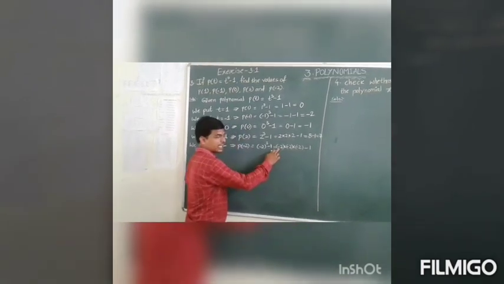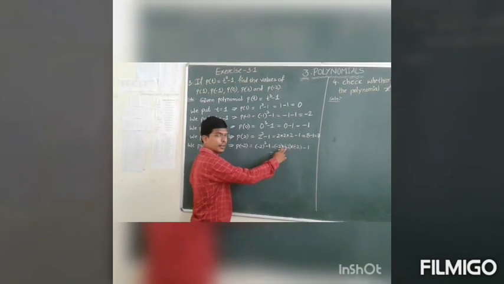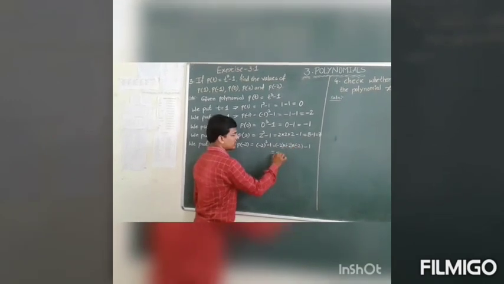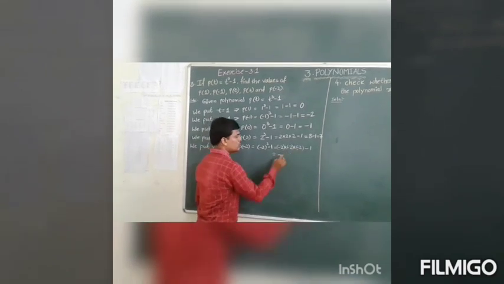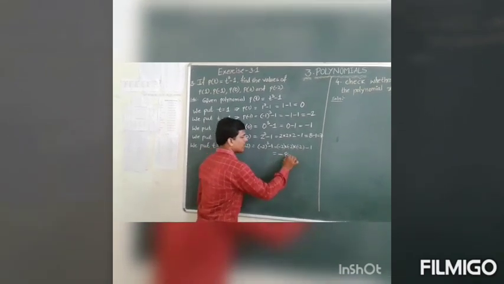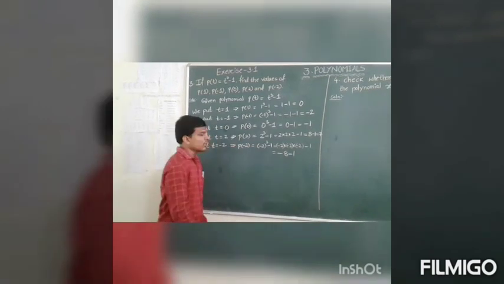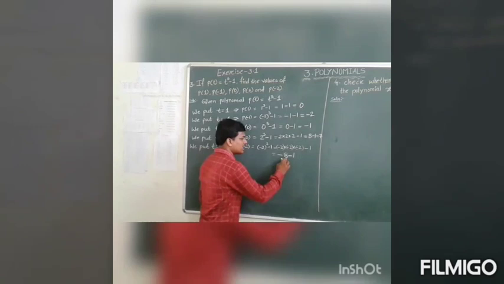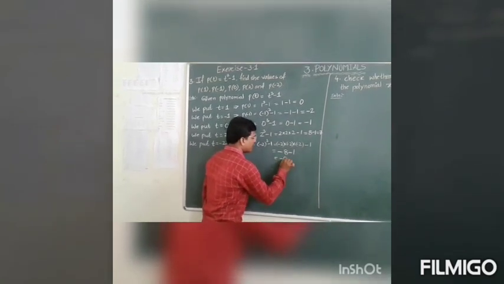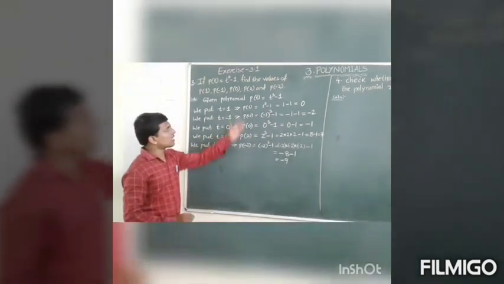First multiply the signs: minus into minus is plus, plus into minus is minus. 2 into 2 is 4, 4 into 2 is 8, so minus 8. Then you write minus 1. When we have both the same signs, we have to add them. So minus 8 minus 1, how much? Minus 9. So all these are the values of the given polynomial.